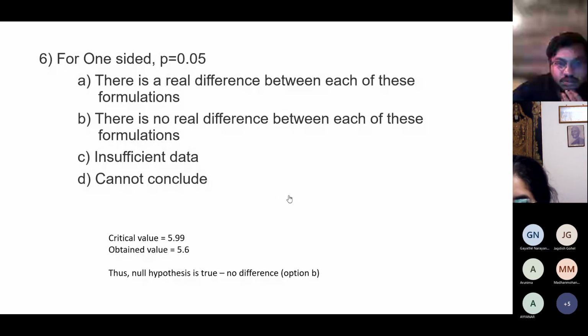For continuous you can use means, but for discrete you generally use odds ratio.